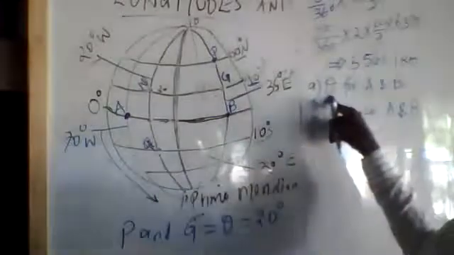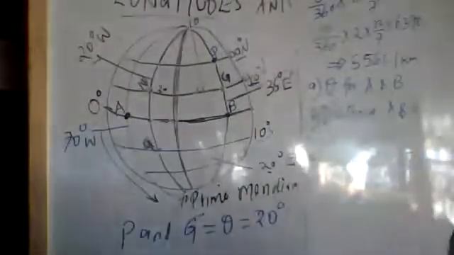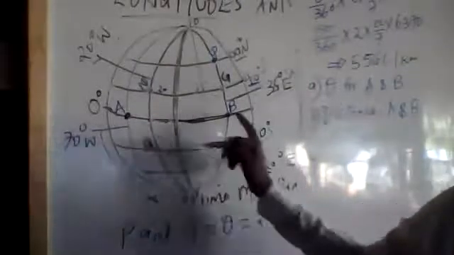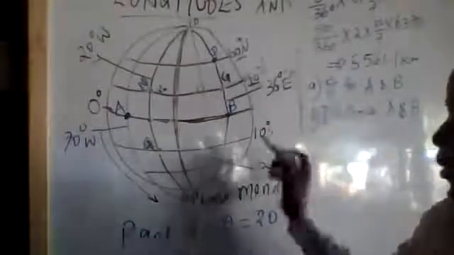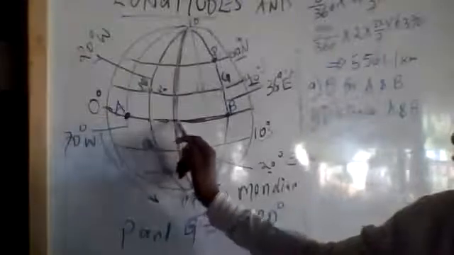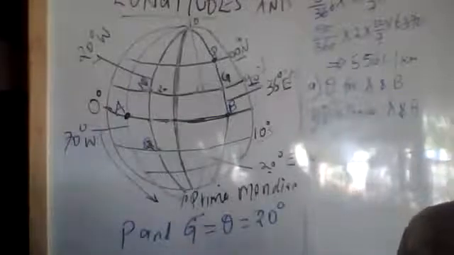Theta first, that is the angle difference between A and B. I want to see if somebody has been following this. Between A and B, give me theta, because it's very easy. I want you to just look from A all the way to the prime meridian, all the way to B. Now, what will be the total theta?